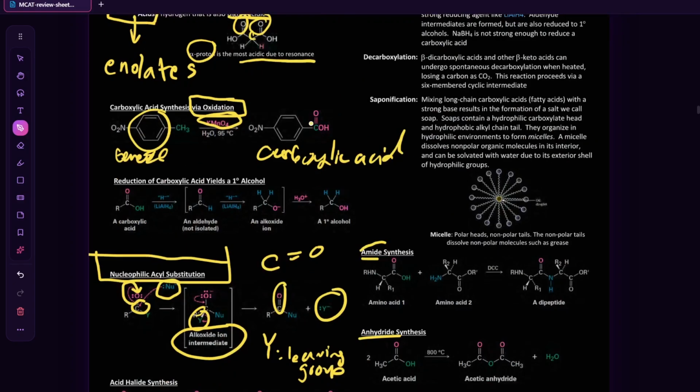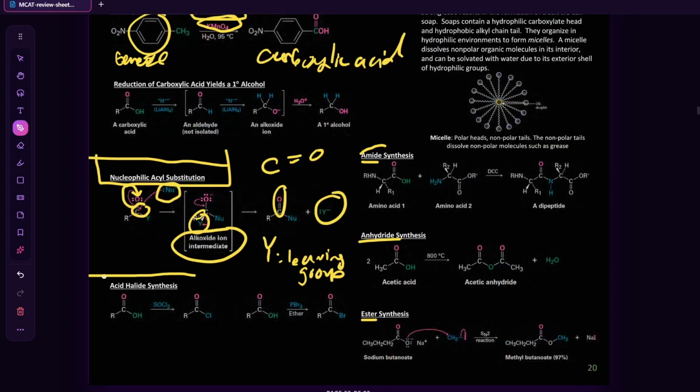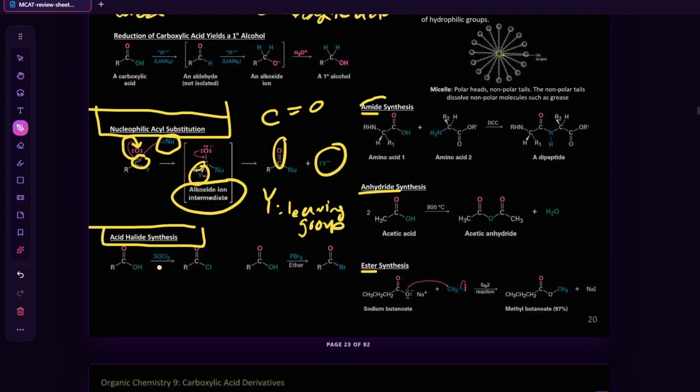Now, if you go into the acid halide synthesis, before any of these, it's common to first convert the carboxylic acid's OH into a much better leaving group. In this case, it would be chlorine, using thionyl chloride over here. Acid halides are very reactive electrophiles, so they make the substitution with the weaker nucleophile go faster.